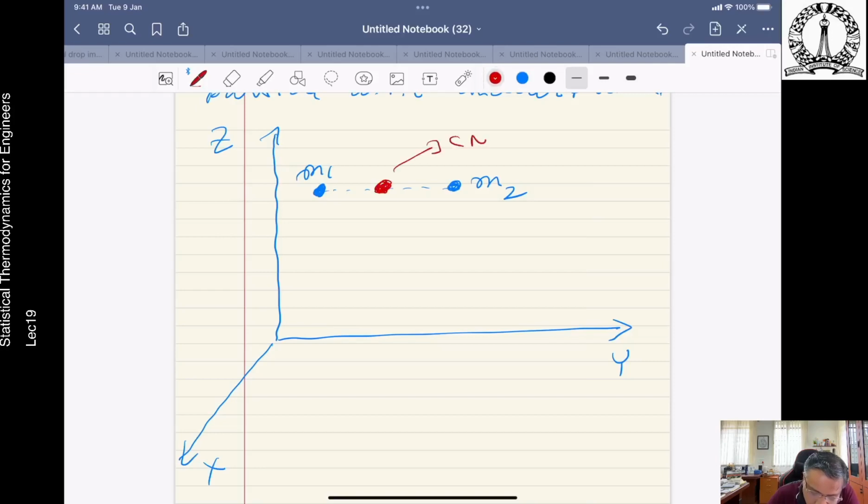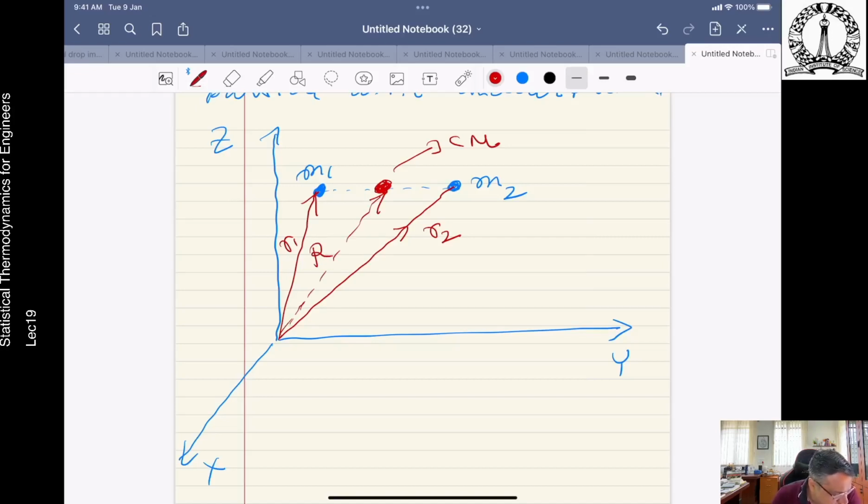This is the center of mass. So this is your R1. This is your R2. This is your capital R. This is mass M1, M2.